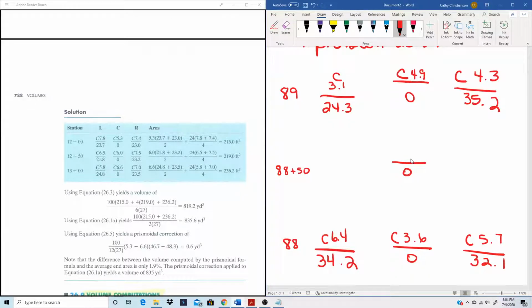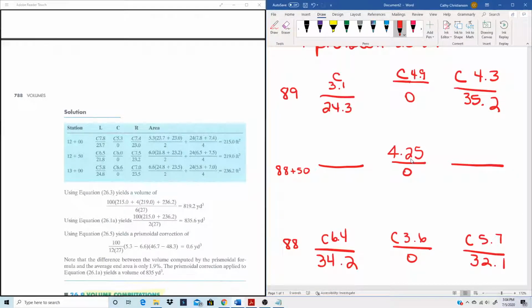If I add the 2 and divide by 2, that's going to give me 4.25.